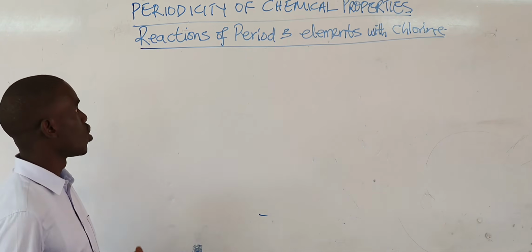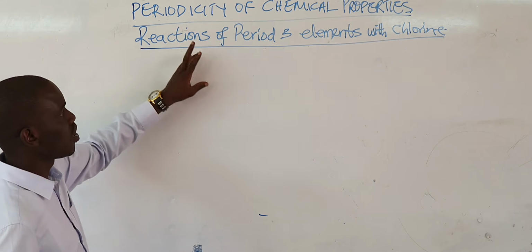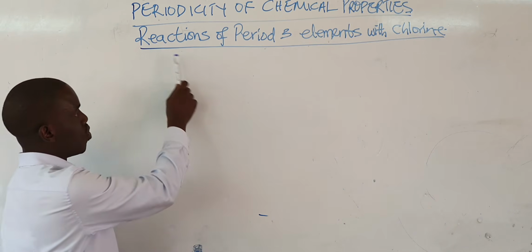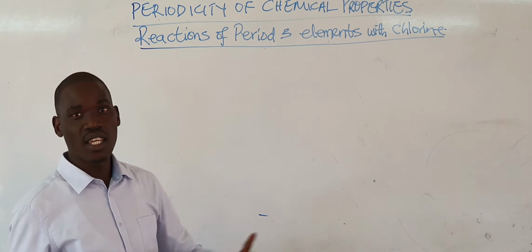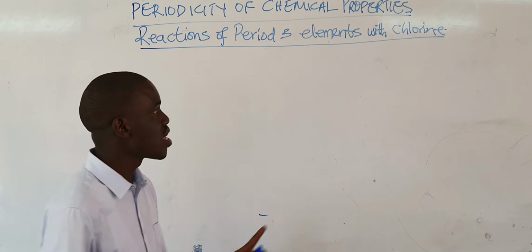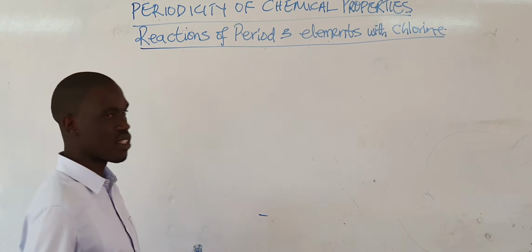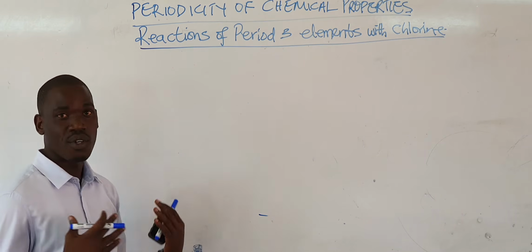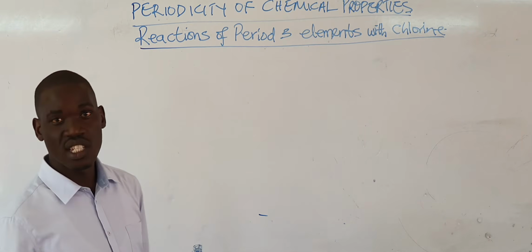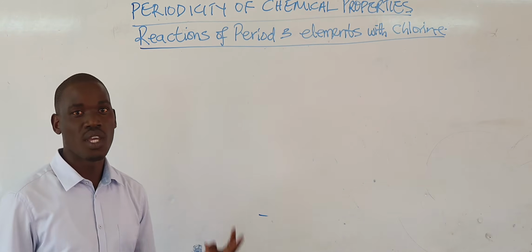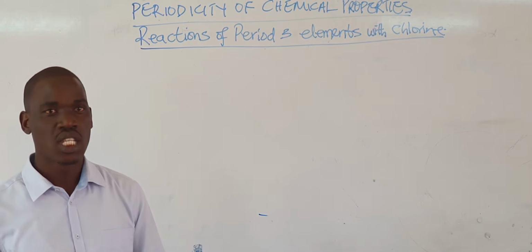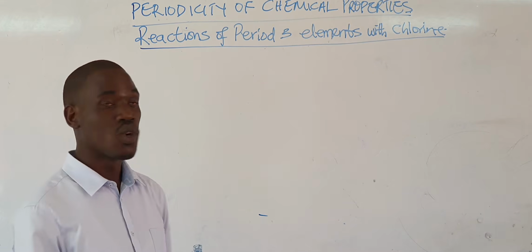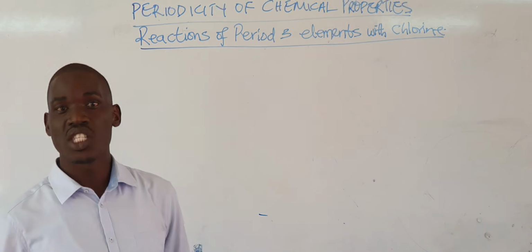Today, we shall be looking at the periodicity of chemical properties. And we shall start with the reactions of period 3 elements with chlorine. Remember in our previous lessons, if you have not watched, we were covering periodicity of physical properties, where we covered melting point, atomic radius, and ionization energy.